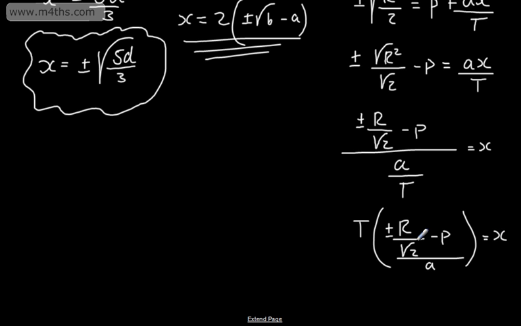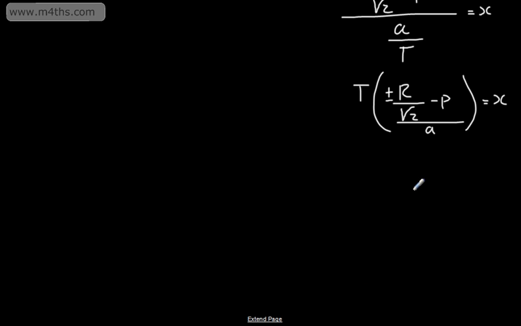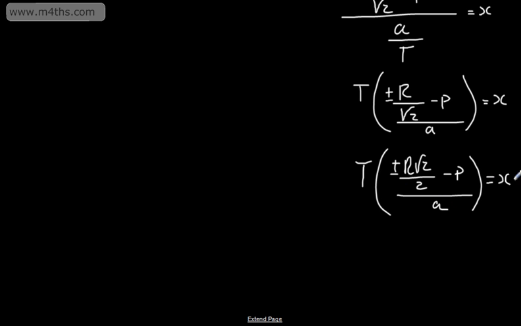Again, you could argue that you don't want the irrational number in the denominator, and you could multiply through or just rationalise the denominator. So plus or minus r root 2 over 2 from there. That's another way that you could do it, and we may as well do that. At this stage we're going to have plus or minus r root 2 over 2, minus p, all over a, times t, which we could write even further if we wanted.